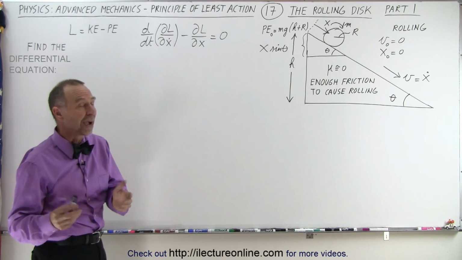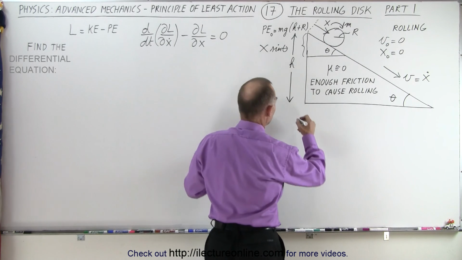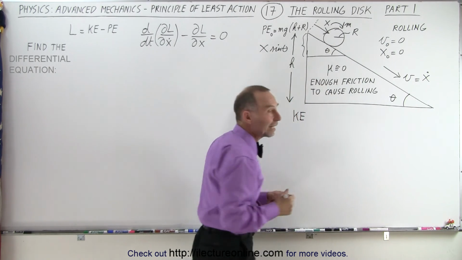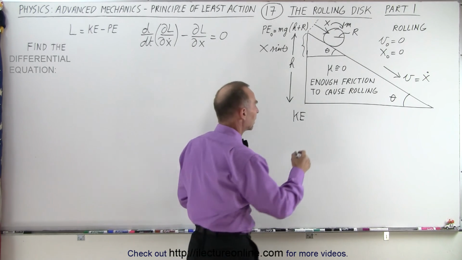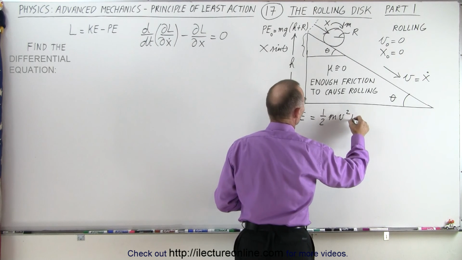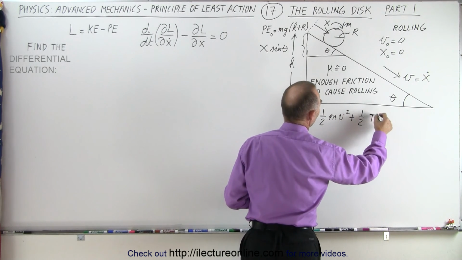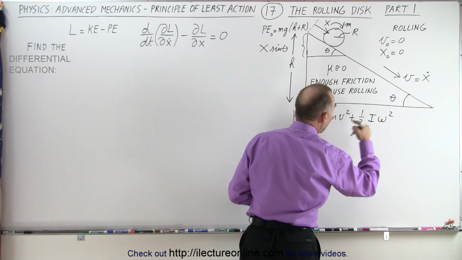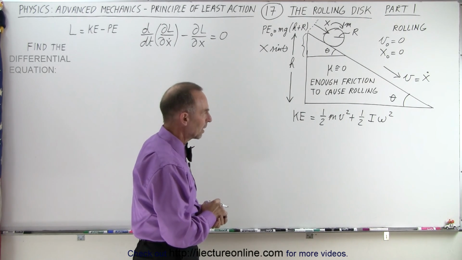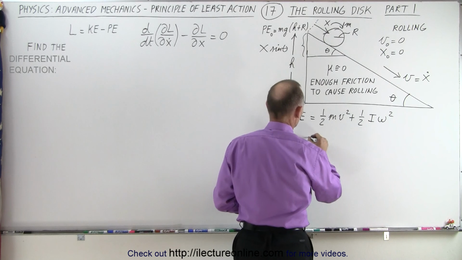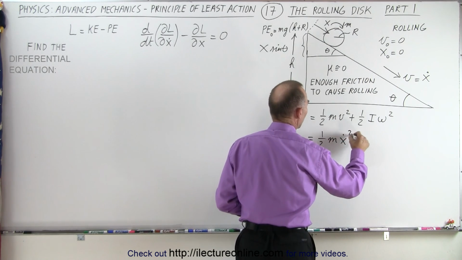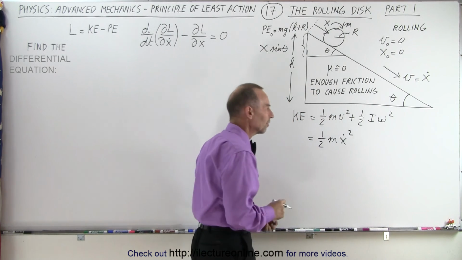So first we need to find the kinetic energy. And the kinetic energy is going to be the sum of the translational kinetic energy and rotational kinetic energy. So it's going to be equal to 1/2 mv squared plus 1/2 I omega squared, because we assume that it's a solid disk. All right, so how do we write that? Well, this is equal to 1/2 times the mass times x dot squared, because x dot is defined as the velocity.